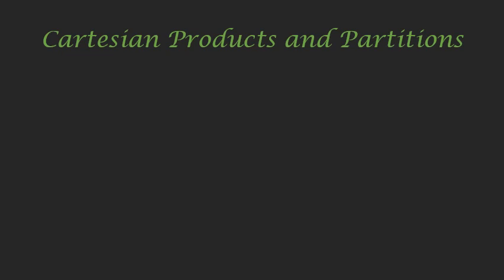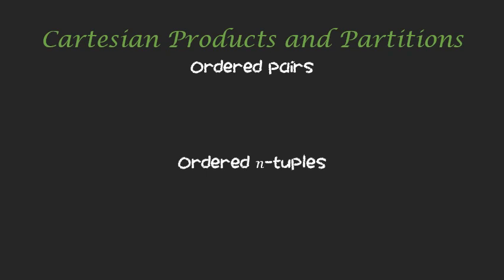In order to first understand what a Cartesian product is, we need to understand these terms, ordered pairs and ordered n-tuples. You should be somewhat familiar with these already, but perhaps not with this language. With ordered pairs, you're probably familiar with working with the Cartesian plane.